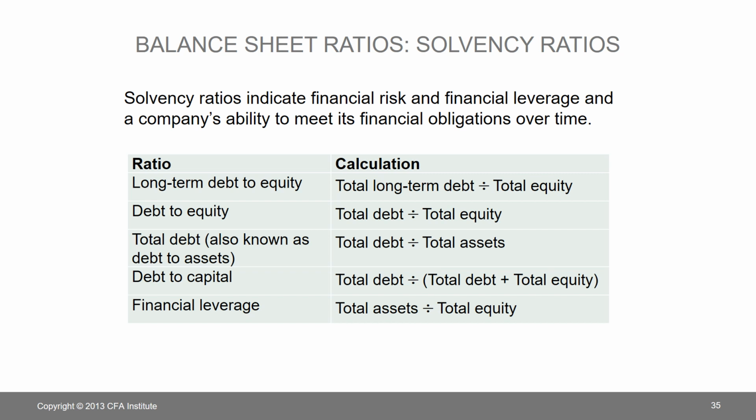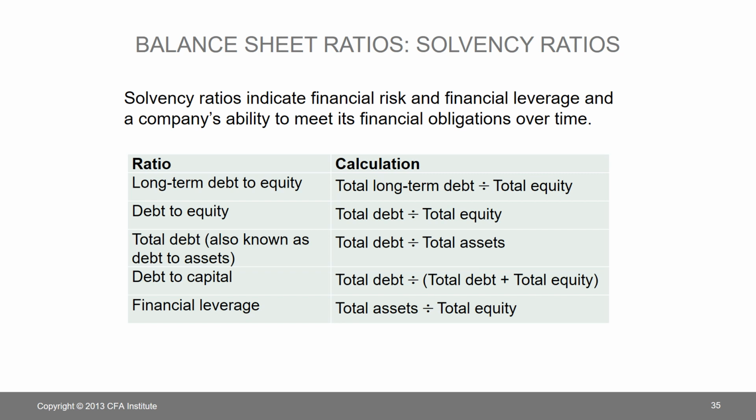The third one is total debt, also known as the ratio of debt to assets. It measures the percentage of total assets financed with debt. For example, a debt to asset ratio of 40%, indicates that 40% of the company's assets are financed with debt.